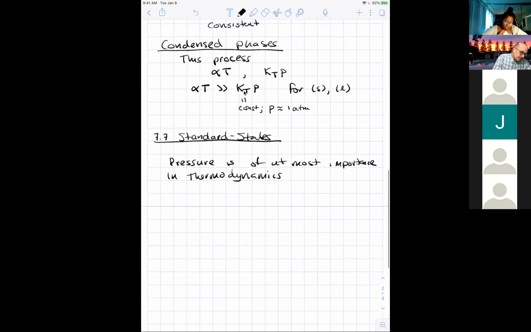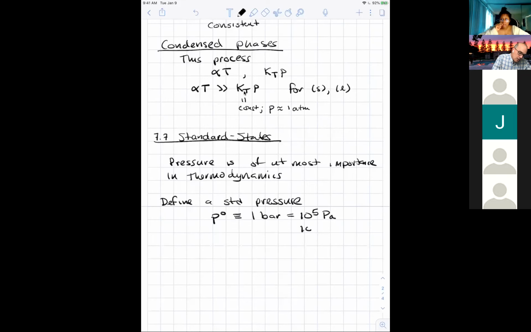So let's define a standard pressure. We're going to call this P naught, right? We're going to define this as 1 bar, right? And in terms of the SI unit, this is 10 to the 5th pascals, right?